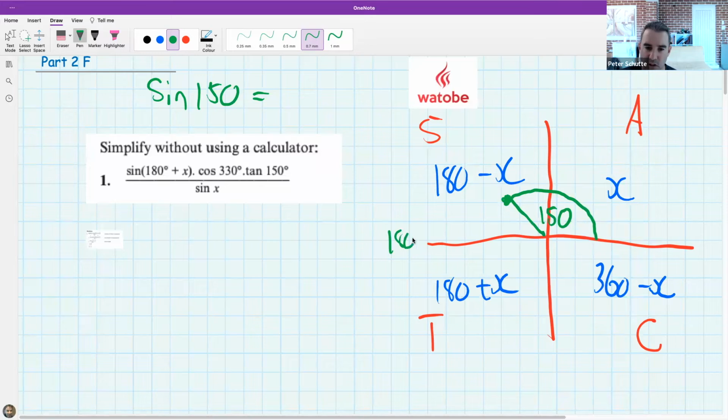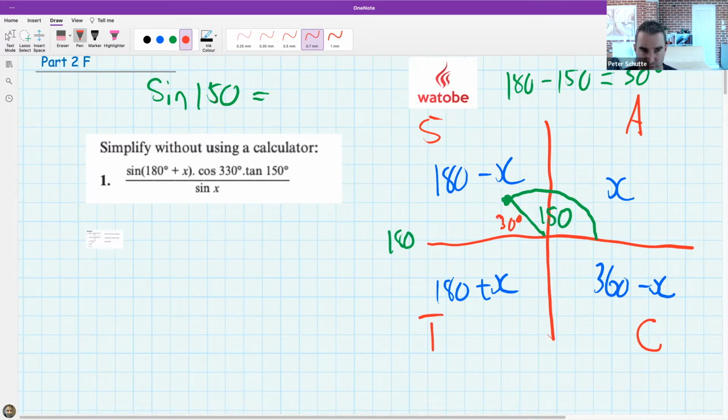And the nearest horizontal is 180. So if we use this formula, you'll see that 180 minus 150 tells us how far away this angle is from the nearest horizontal.